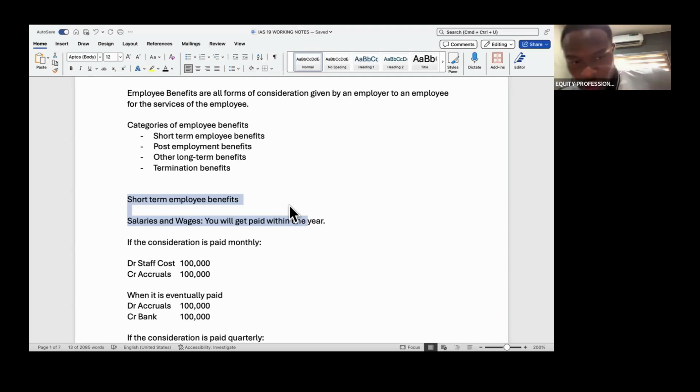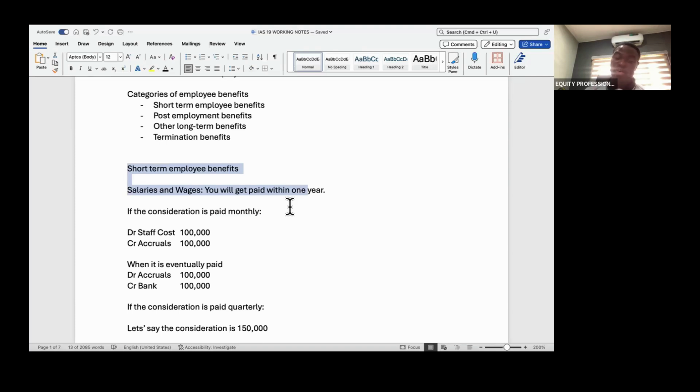The key question is: when does the entity have an obligation? They will have an obligation immediately the employee has offered the service to them. Immediately the employee has worked for them, an obligation exists.